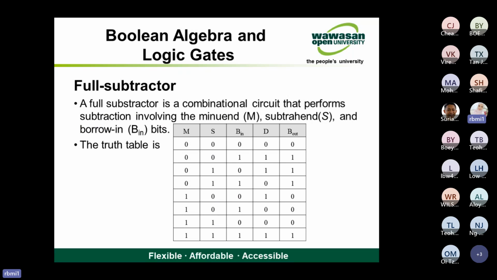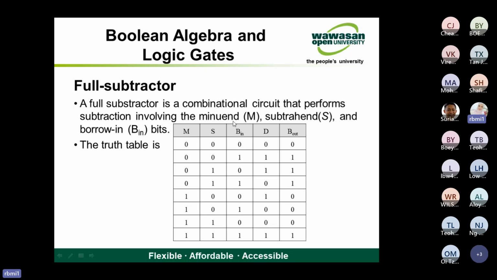Next we have the full subtractor. It is a combinational logic circuit that performs subtraction involving the minuend M, the subtrahend S, and also the borrow in bit. We have another input, B in.